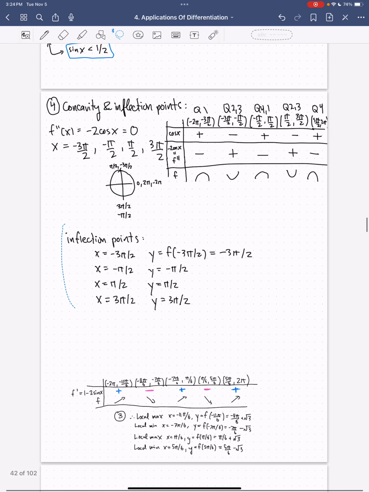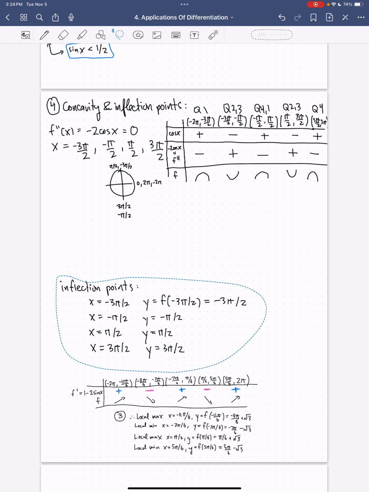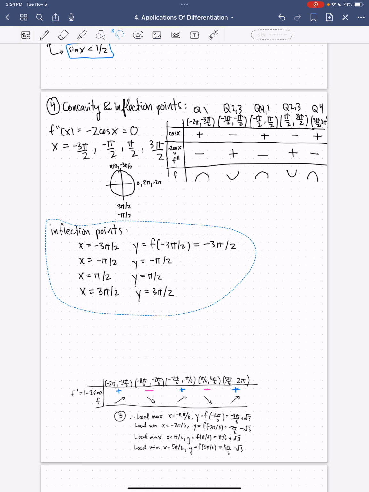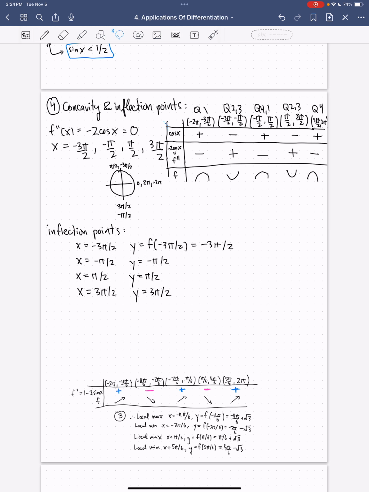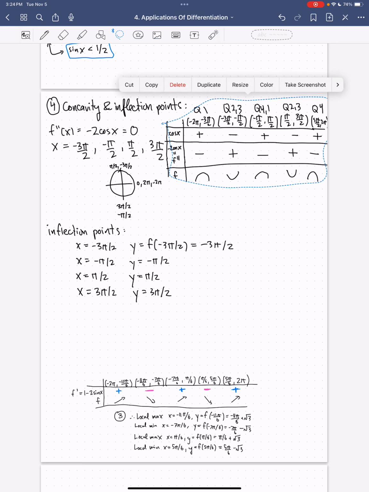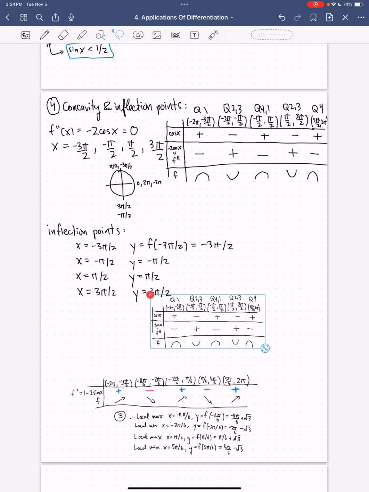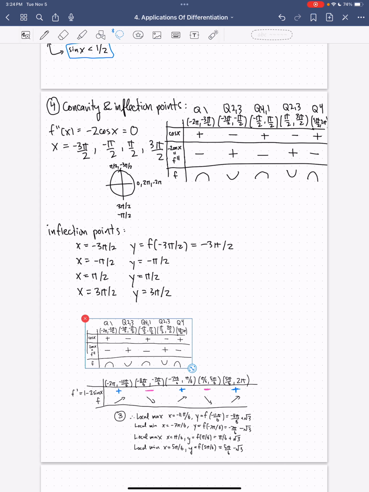Then the concavity, I guess I'll copy this table. This is probably not very fun to watch, but I'm sorry, I've got to do this.